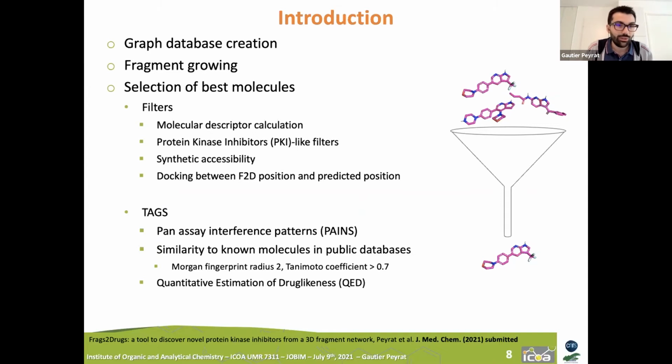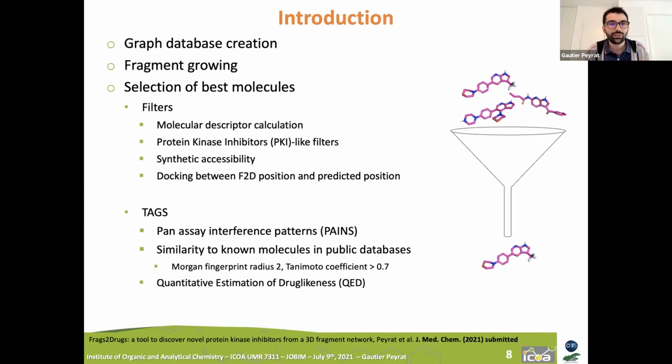And we can apply some tags like pan-assay interference patterns. These are substructures that we can search for in molecules to avoid non-specific activity in biological assays. We can also search for similarity in known public databases. This gives us two kinds of information.